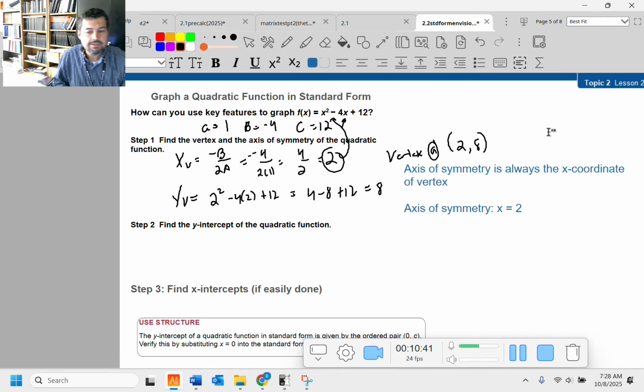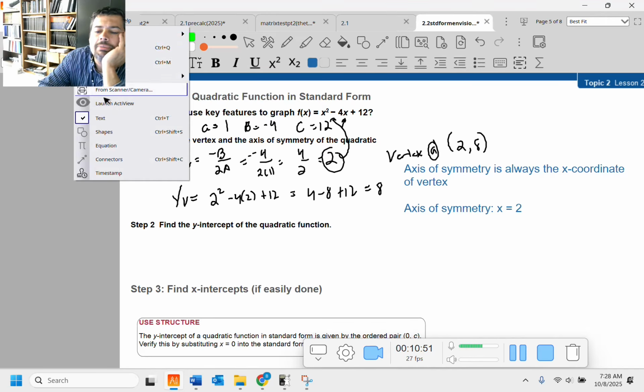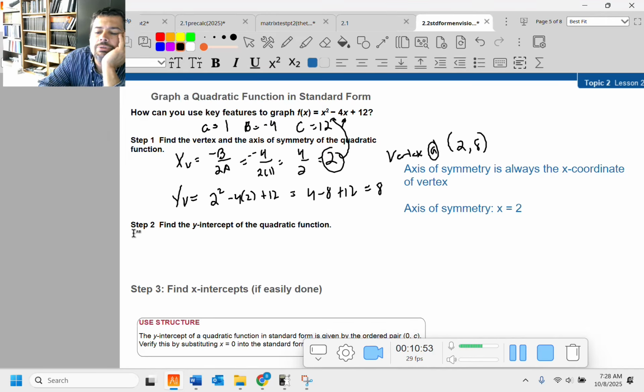I have not done step 2 yet, and step 2 is kind of optional, but there are things we can do. So the question I'm asking you, and I'd like you to think about it a second, is how do we find a y-intercept, right? How do we find a y-intercept? Well, it's simple.